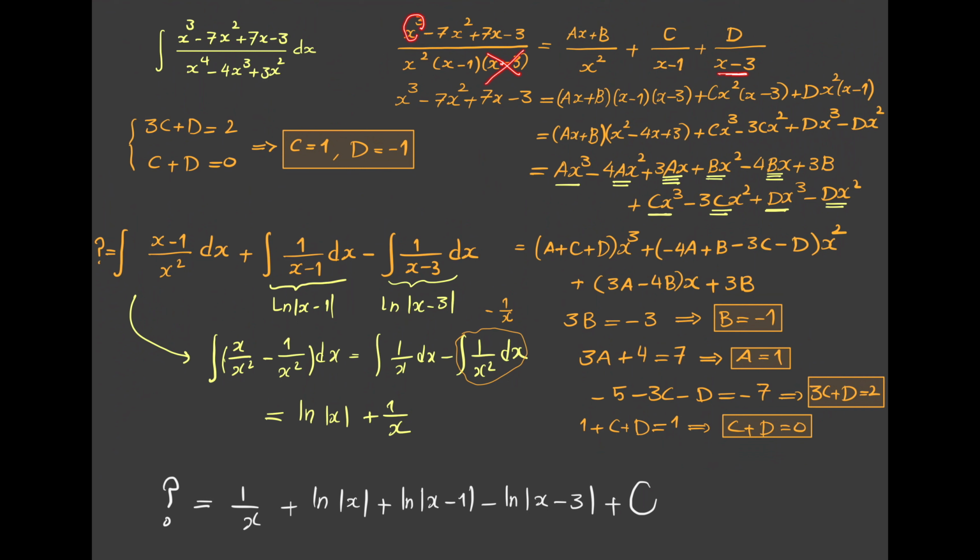It becomes 27. If I put 3 here, it becomes minus 63, and then plus 21 minus 3. So if you add them, it becomes 48, and then it is 15 minus 18. So numerator becomes minus 18.